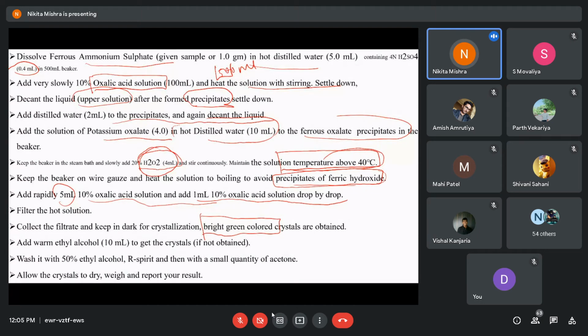Then we cool the solution, and for recrystallization we use ethyl alcohol as a solvent, or in place of ethyl alcohol we can use rectified spirit or a small quantity of acetone. In the same way, you have to report the result by theoretical yield, practical yield, and the percentage yield.